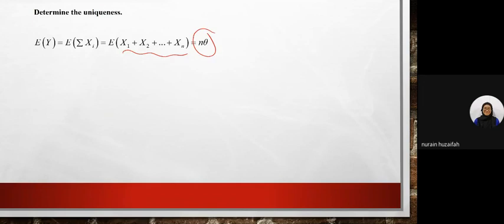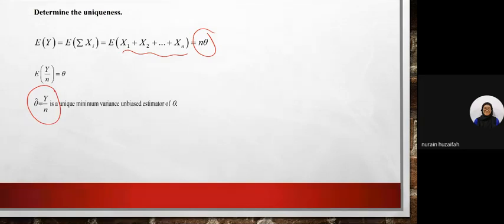To make sure that y gives an unbiased estimator of theta, the only way is by taking the expected value of y over n. See, n is a constant. Using the properties of expected value, the expected value of y over n is equal to theta. So by showing this, theta hat, y over n, is the unique minimum variance unbiased estimator of theta.